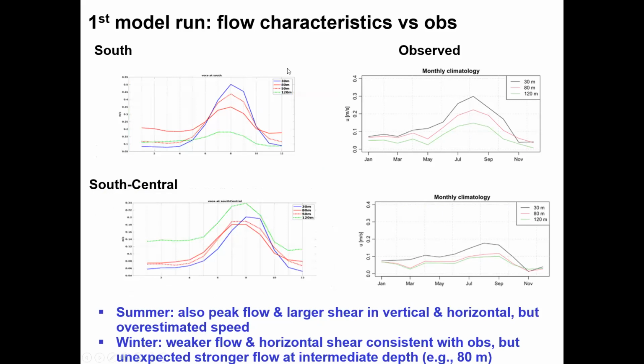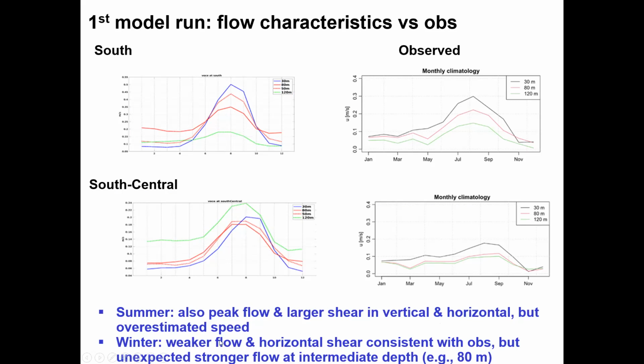How does this compare with the 1/4 degree model? This is from the observation, repeated here, and these are from the model, so you can compare the lines. We haven't put all the lines in the same color here before. The conclusion is that the model also shows a peak flow and larger vertical and horizontal shear in summer, but overestimates speed.